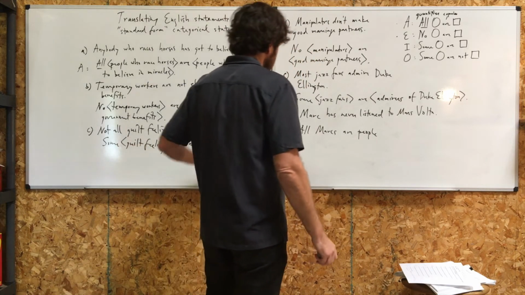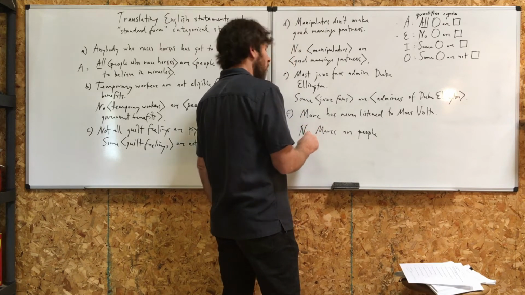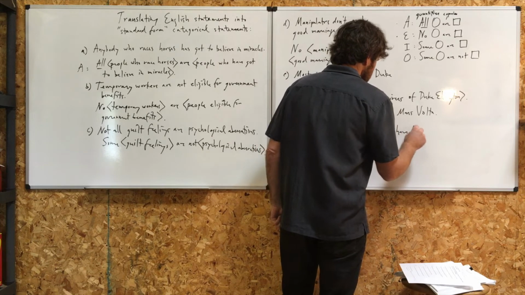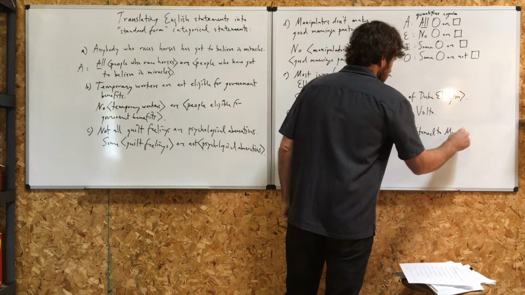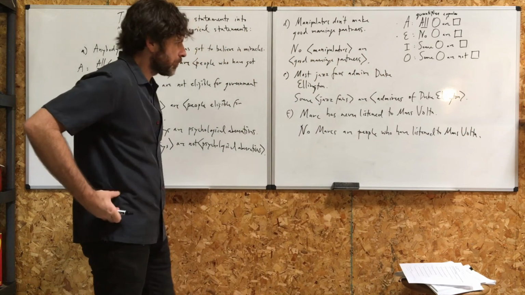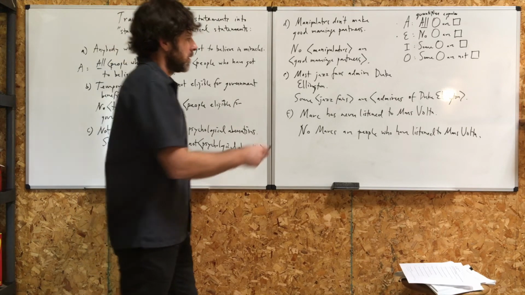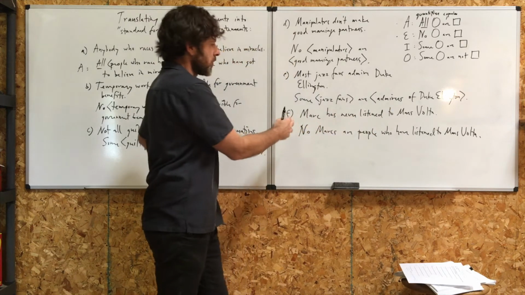No, you might be tempted to do this instead: no Marks are people who have listened to Mars Volta. Wait, that's a little weird though, because it's me, Mark. I've never listened to Mars Volta. That's what the original sentence says.